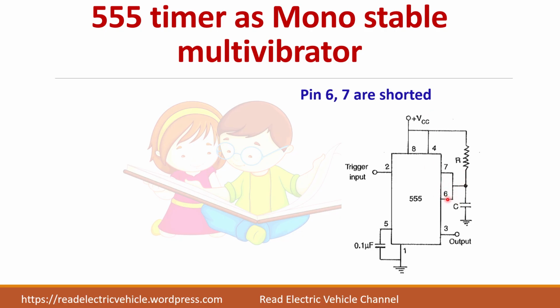The 6th pin is the threshold pin and the 7th pin is the discharge pin, which are shorted together, and we have a resistor and a capacitor which will form the time constant for the circuit. So this R and C is going to decide the pulse width of your output waveform.